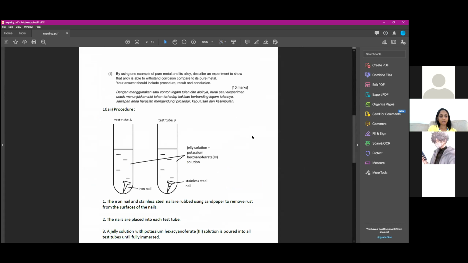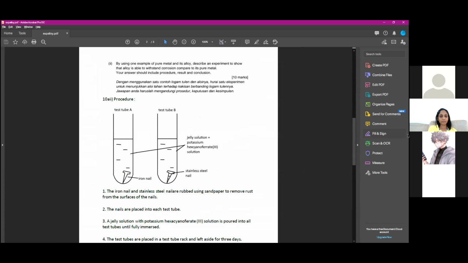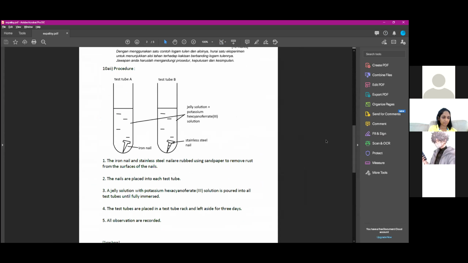Question number 2. By using one example of pure metal and its alloy, describe an experiment to show that alloy is able to withstand corrosion compared to its pure metal. So I choose iron nail and stainless steel nail. So the procedure is: the iron nail and stainless steel nail are rubbed using sandpaper to remove rust from the surface of the nail.